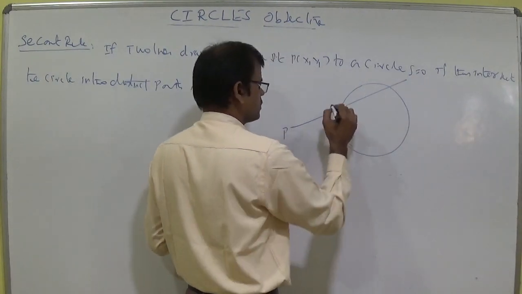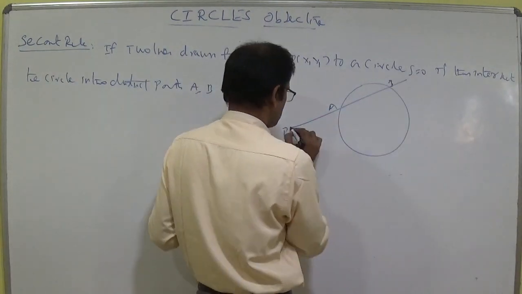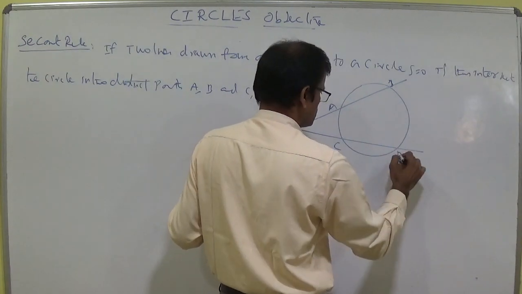Here put P, this is A, this is B, like this. Put C, this is C, this is D.